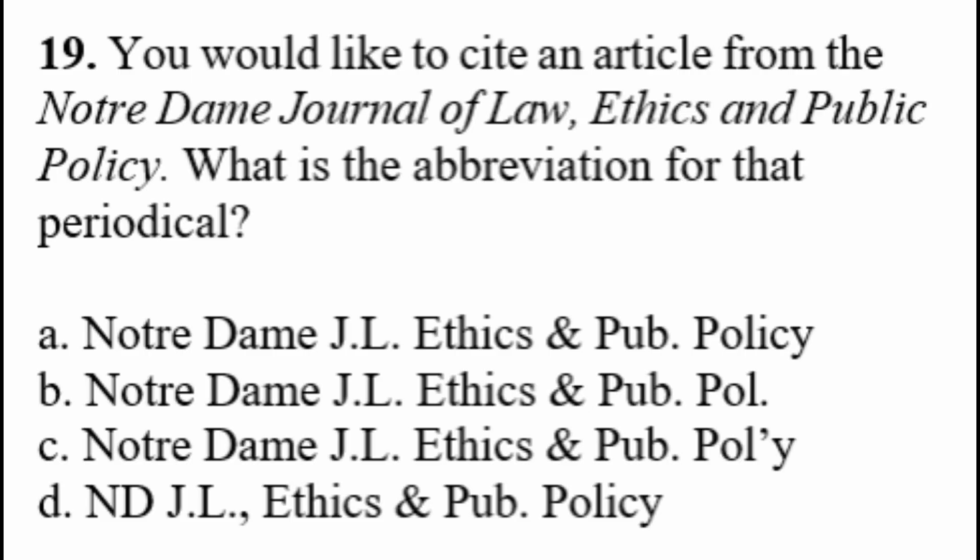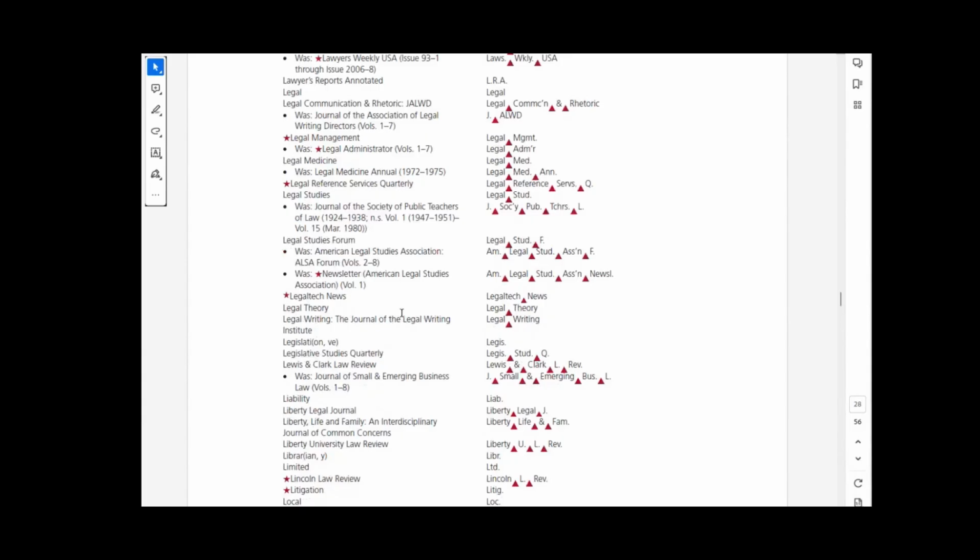Sometimes there's, like for Florida, we have the Florida Law Weekly. You would think it's a periodical, but you would actually find that in Appendix 1 as well. Because sometimes our cases are cited in there. So it just depends. You're going to flow between Appendix 1 and Appendix 5, usually. Okay. All right, so let's jump over to Appendix 5. All right, and we're looking for Notre Dame Journal of Law, Ethics, and Public Policy.